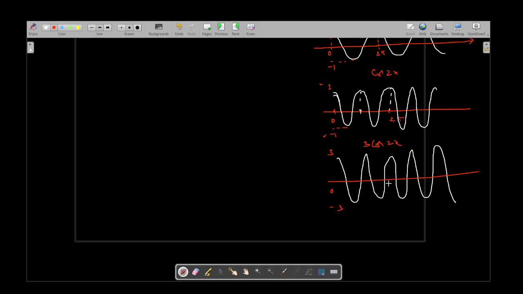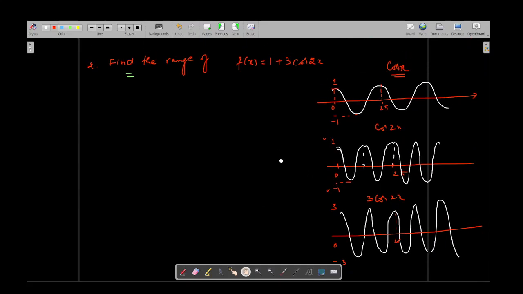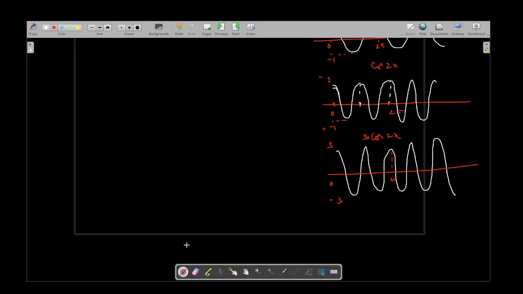This is what happens when you multiply 3 to it. Then finally I have to do 1 plus 3 cos 2x. So if I do 1 plus 3 cos 2x, I have to add 1 to both the maximum and the minimum value of the cos.